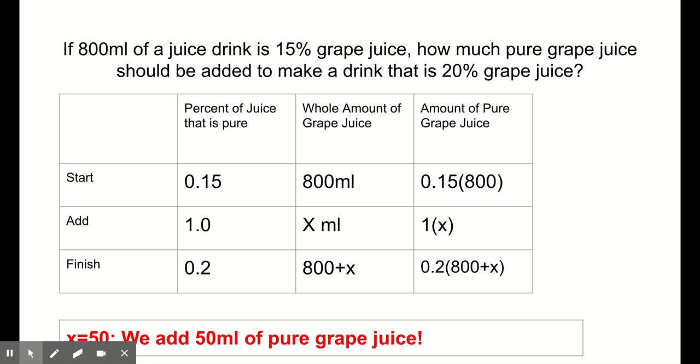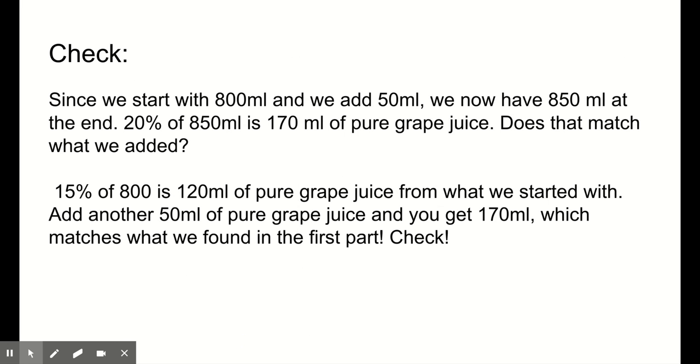But as always, we want to check to make sure that we get this right. Let's do a quick check. We know that we start with 800 milliliters and we are going to add 50. So now we have 850 milliliters at the end. What's 20% of 850 milliliters? How much pure grape juice do I get? That gives us 170 milliliters. Now, does that match with what we added in there?